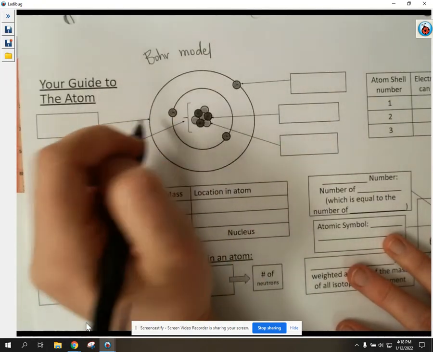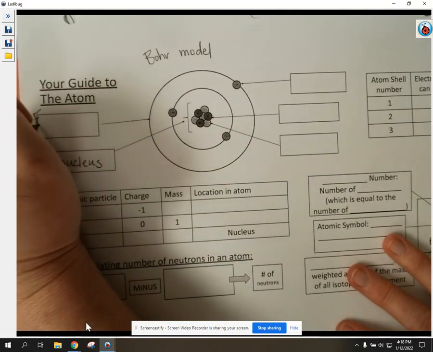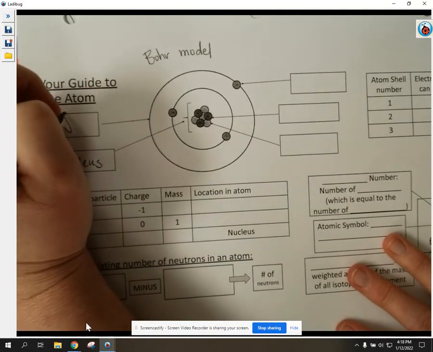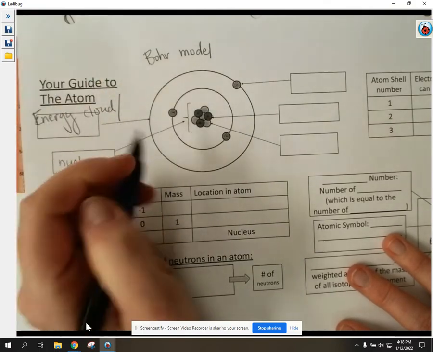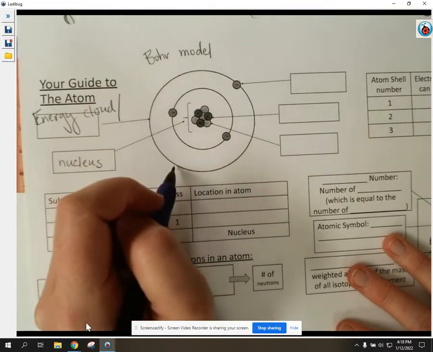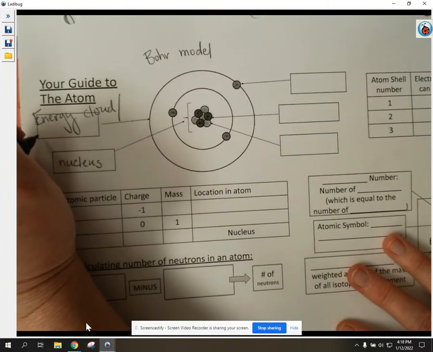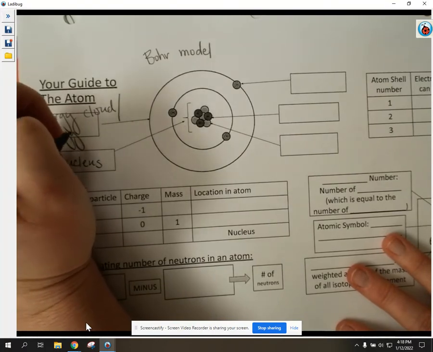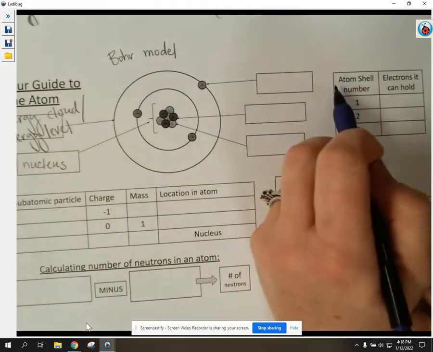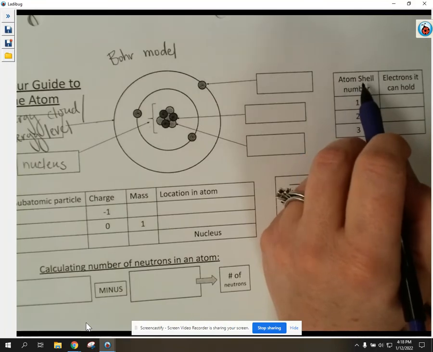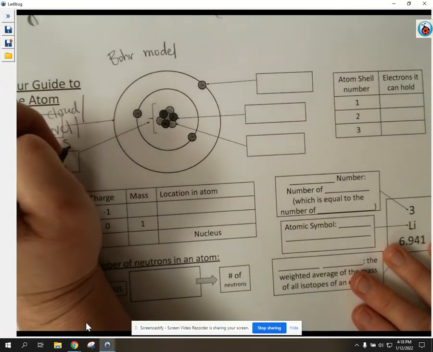So this whole area is called the energy cloud. The whole area outside the nucleus is the energy cloud. And each of these circles is called an energy level. Or over here, you'll notice it's called an atom shell, maybe an energy level or shell.